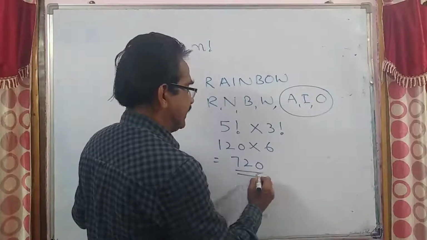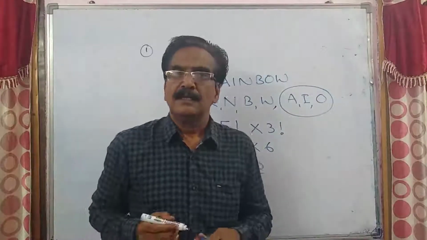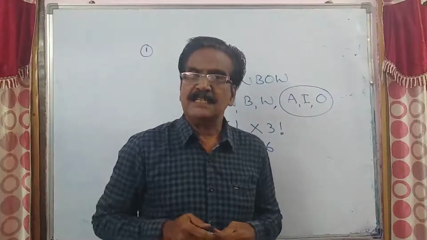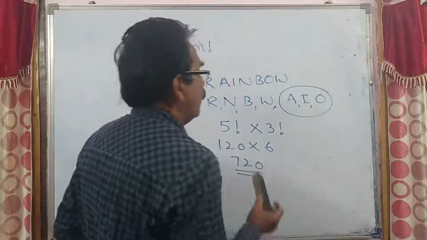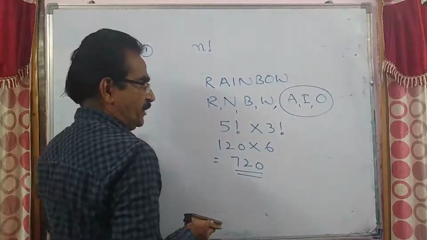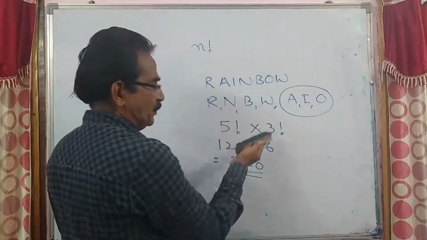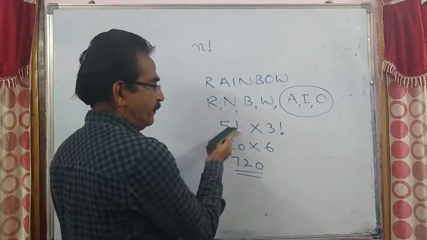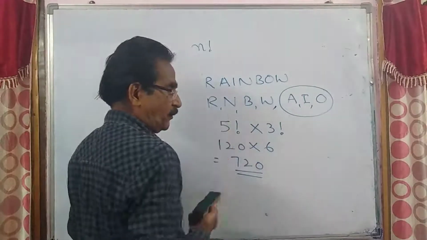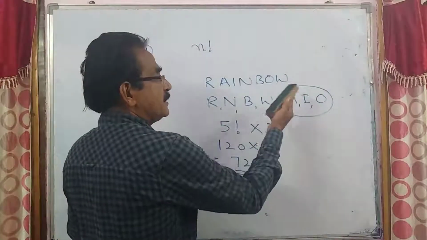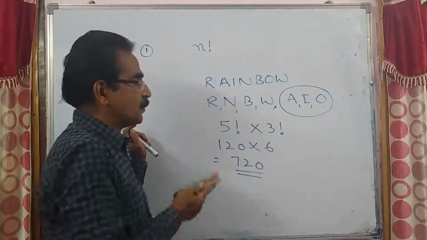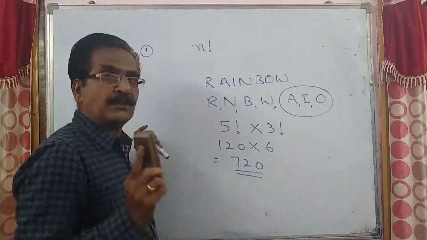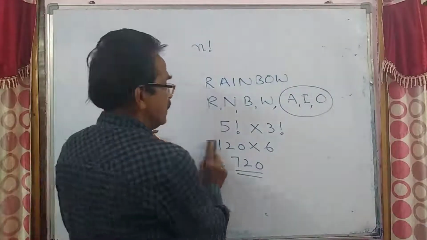This is the second case where vowels come together. All three vowels are taken as one unit and 4 consonants, in total 5 units. 5 units can be permuted in 5 factorial ways, and the 3 vowels can be internally permuted in 3 factorial ways. So in total we have 720 arrangements.